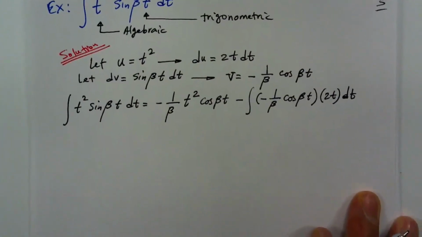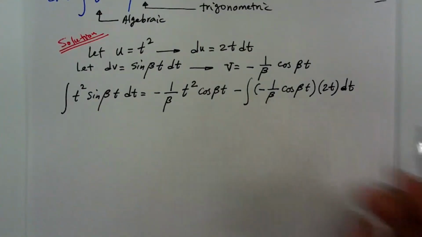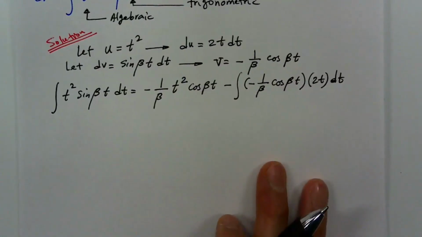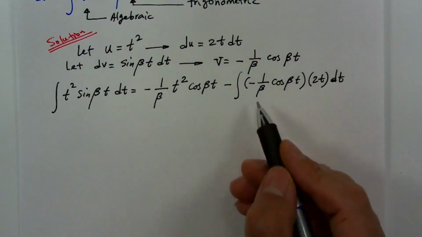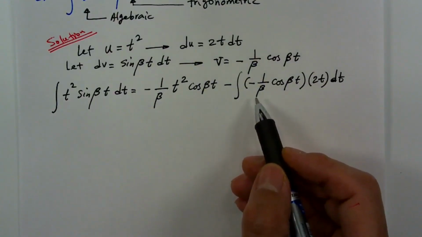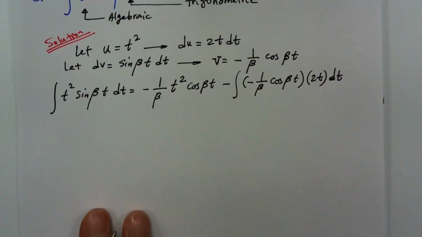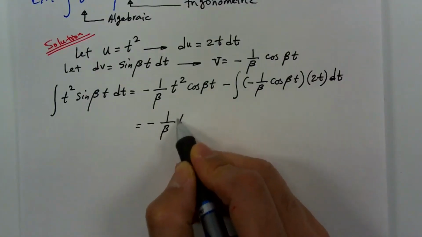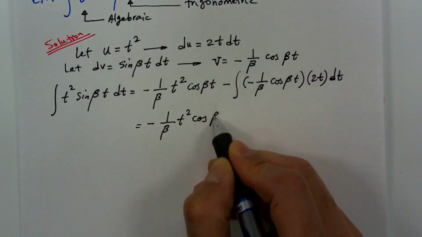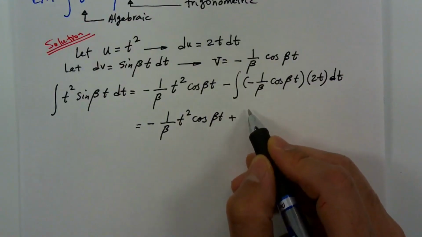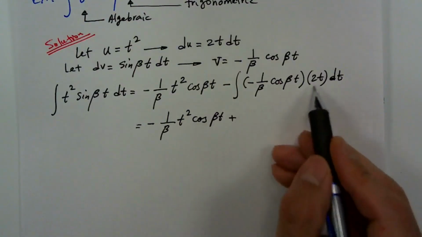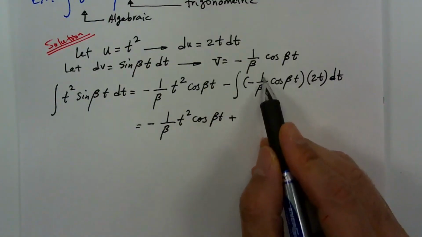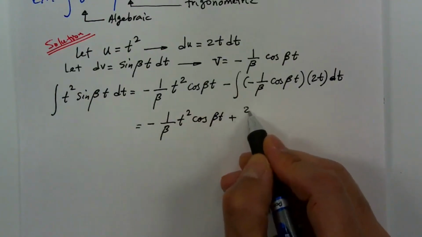Okay. All right. So this first piece is okay. Of course, this piece needs a lot more work done to it. But let me clean this up a little bit. So what do we have? Let me write this: minus 1 over beta t squared cosine of beta t plus, I'm going to multiply this 2, minus times minus is plus, and then 2 times 1 over beta, and I'm going to pull those out of the integral.